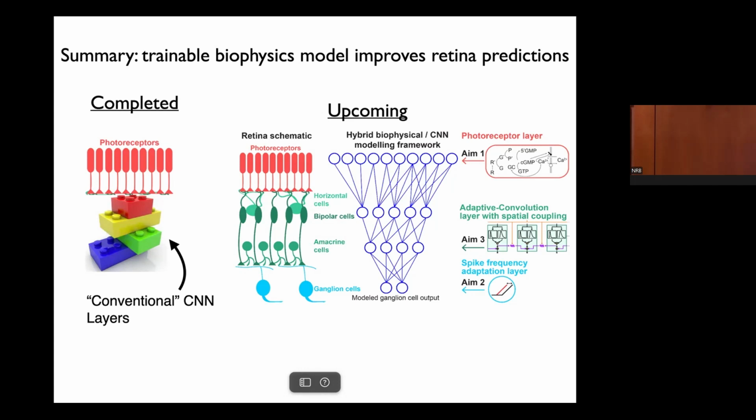And the thing that we struggled with a long time and have just solved, much to my delight, is to actually be able to propagate gradients all the way through the HH model. In other words, be able to train the ganglion cell detailed biophysics output model along with all the stuff that precedes it so that we get good predictions.